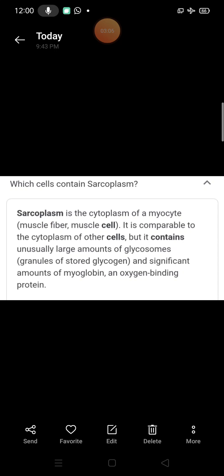What are glycosomes? Glycosomes are granules of stored glycogen, along with a significant amount of myoglobin, an oxygen-binding protein.